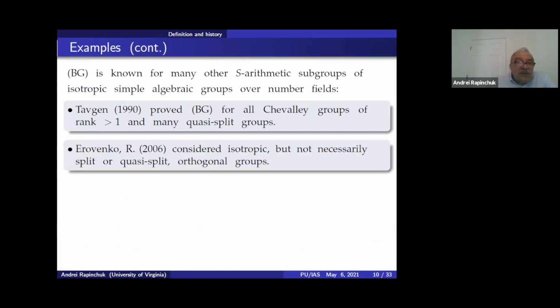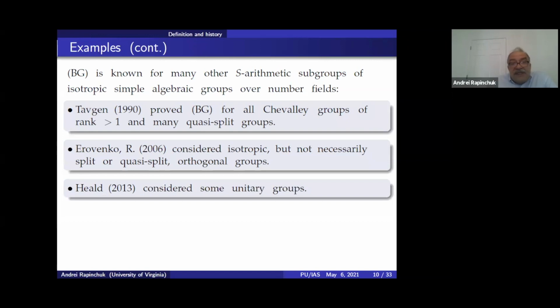Now, in my work with my student Ivanov, we considered isotropic but not necessarily split or quasi-split orthogonal groups, proving bounded generation for this. And my other student considered also some unitary groups. So in other words, there has been some activity around bounded generation that from time to time would produce new examples. But the general case of isotropic groups still remains open.